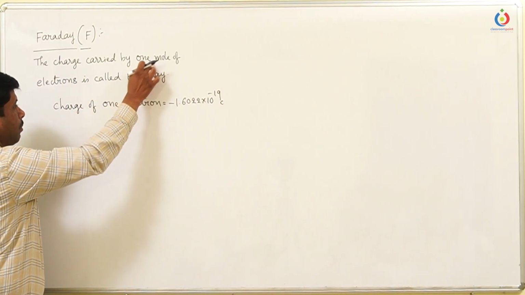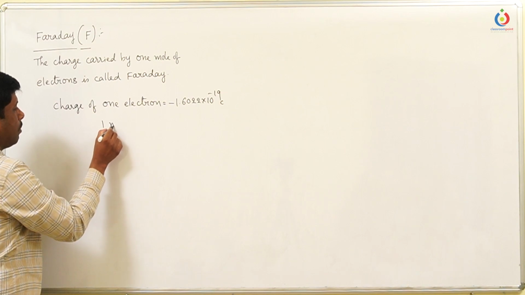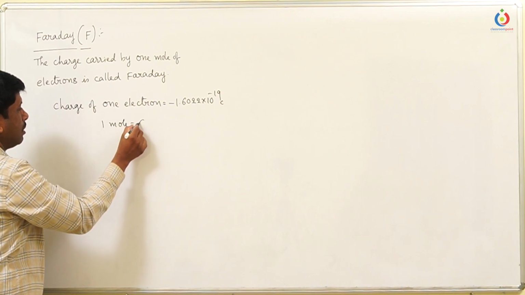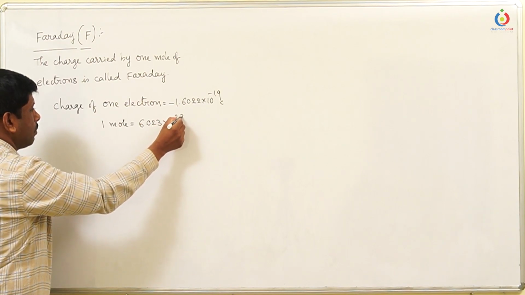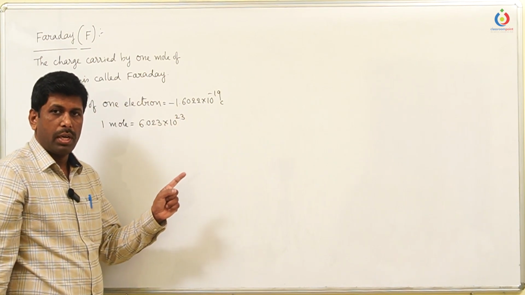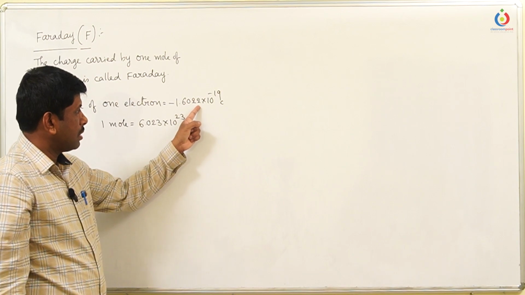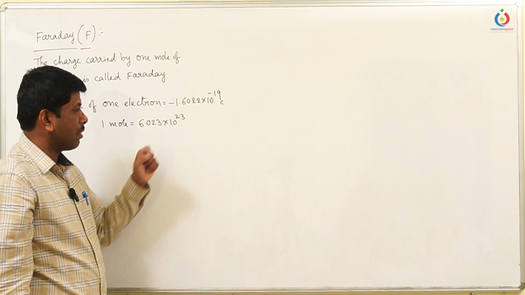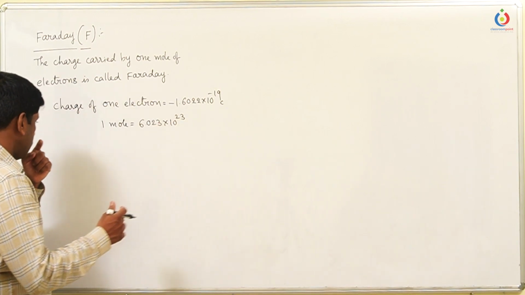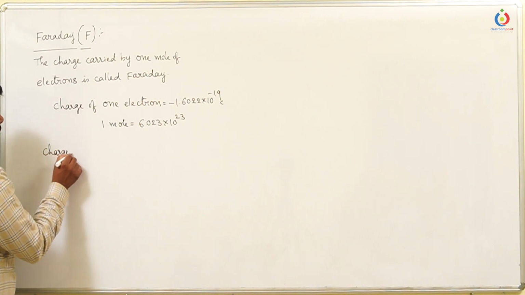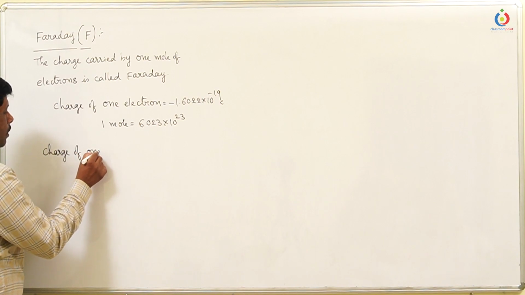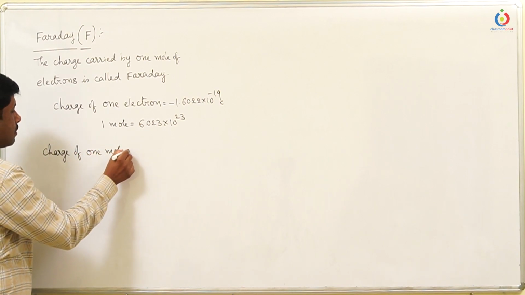Here we said about the 1 mole. We know that 1 mole value, that is Avogadro's number, is 6.023 into 10 power 23. So one electron charge is this much, and this many electrons' charges is equal to, now let us multiply it, the charge of 1 mole of electrons.